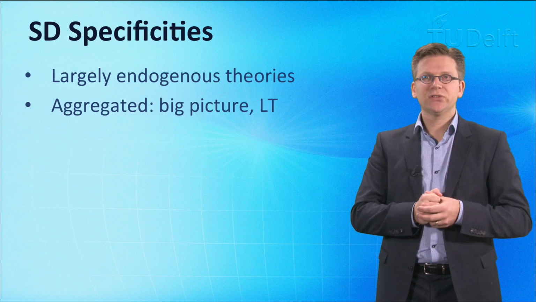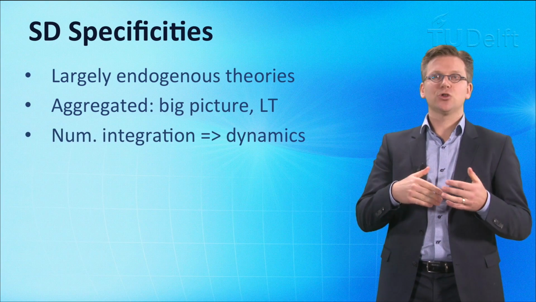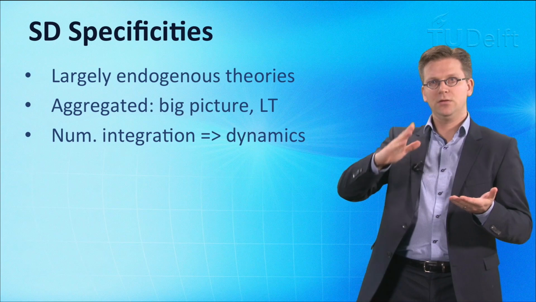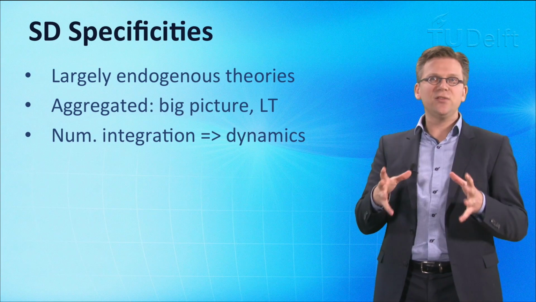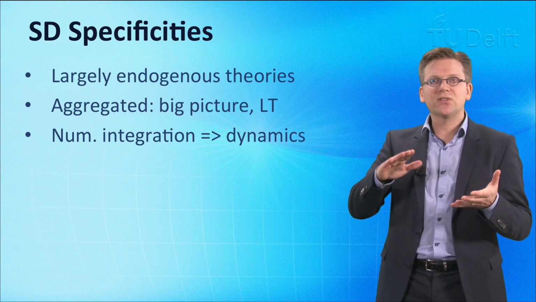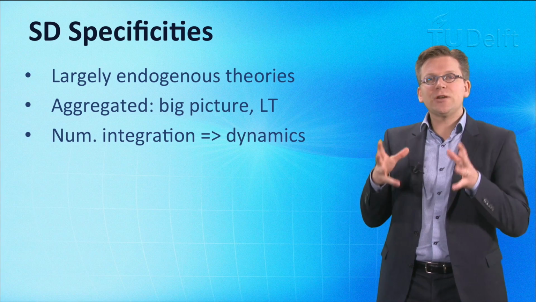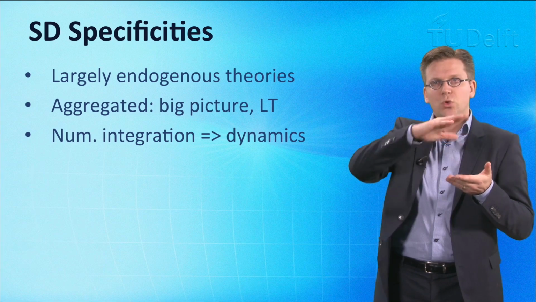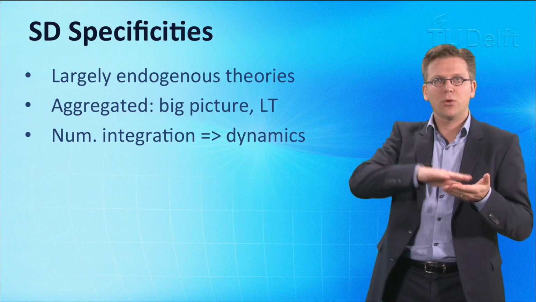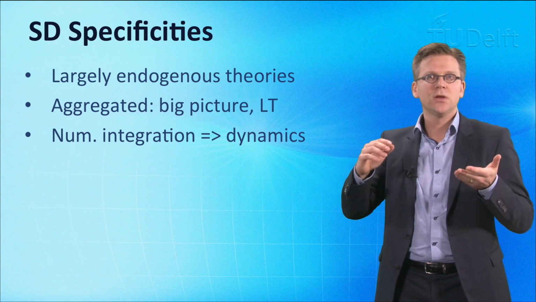As already mentioned, system dynamics models are integrated numerically to generate the behavior over time. System dynamicists assess and interpret the resulting trajectories over time as general modes of behavior. For example, oscillatory behavior, S-shaped growth, overshoot and collapse.